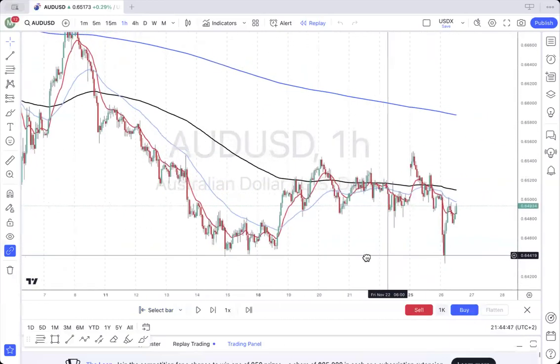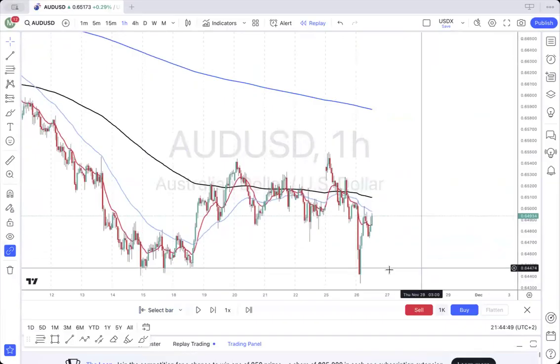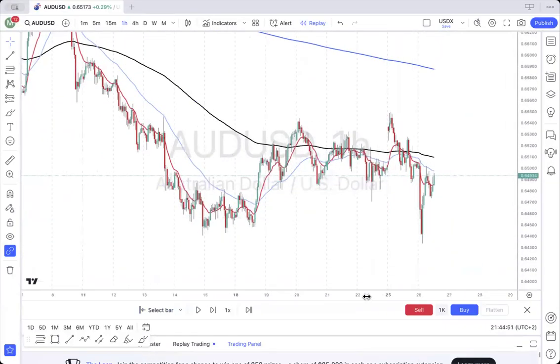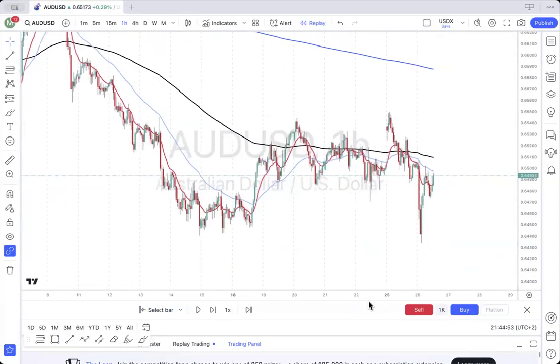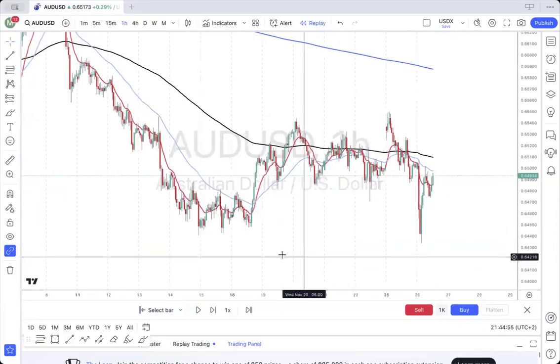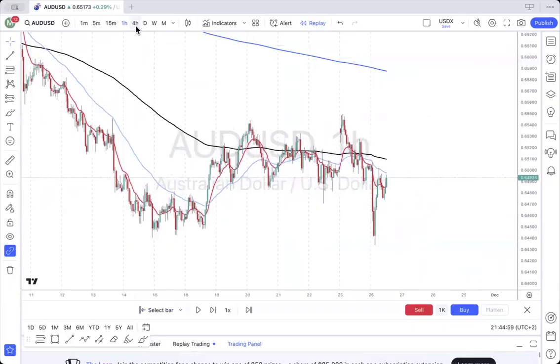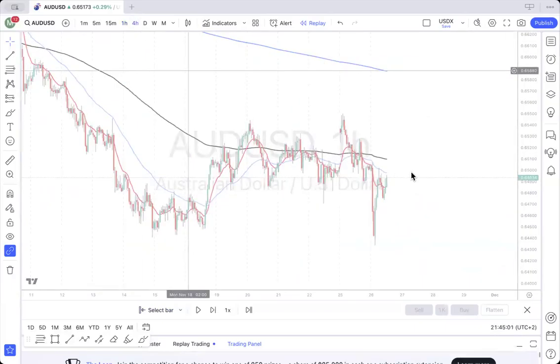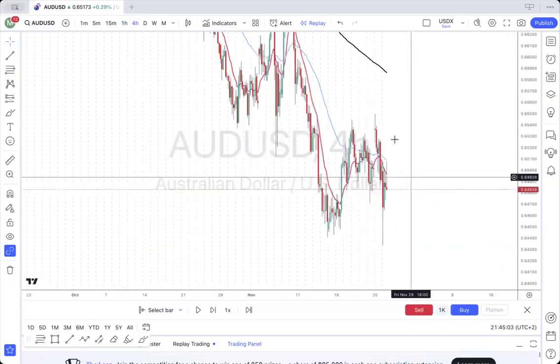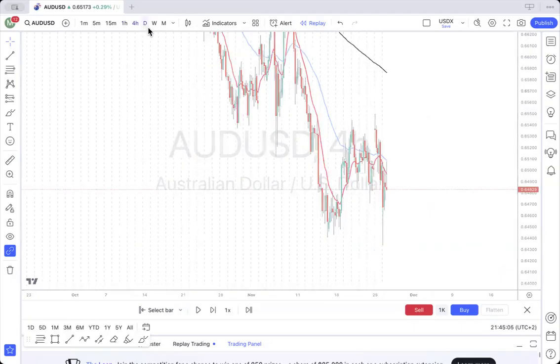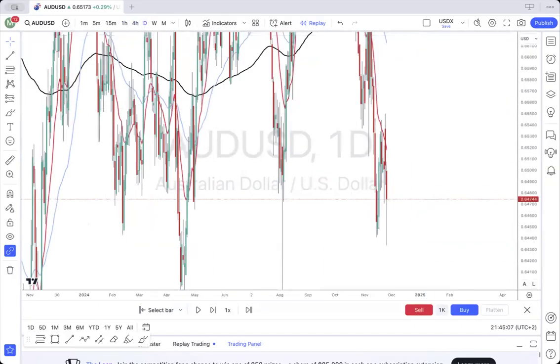So this is what you have on AUD USD, right? And you're so sure that the market is supposed to buy, but this is what you can see at the moment. Even if you turn to the 4-hour chart or the D1 chart, this is the only thing that you can see.